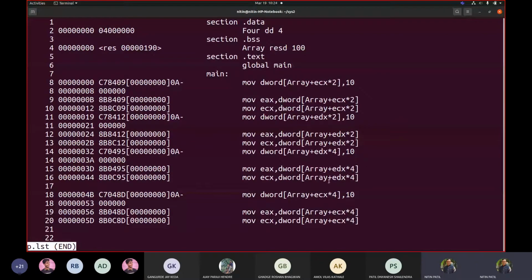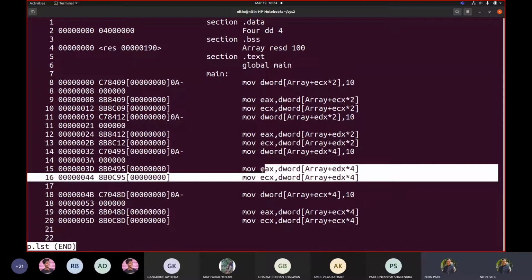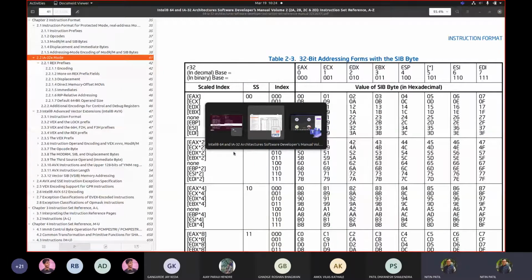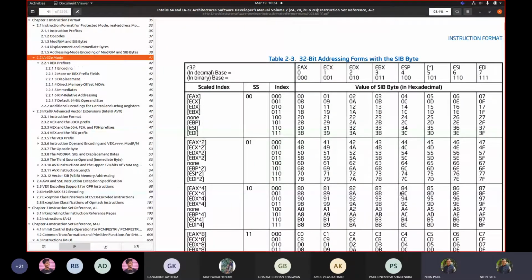See the case. We are interested in this. When we multiplied by 4, it is showing 95 in all cases. Let us see where is 95. EDX multiplied by 4.